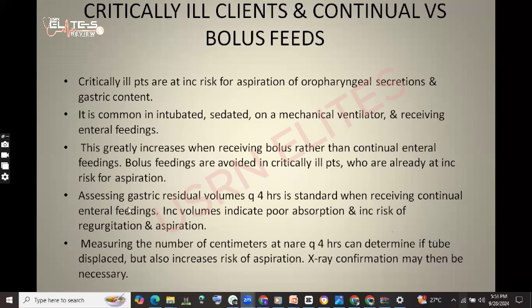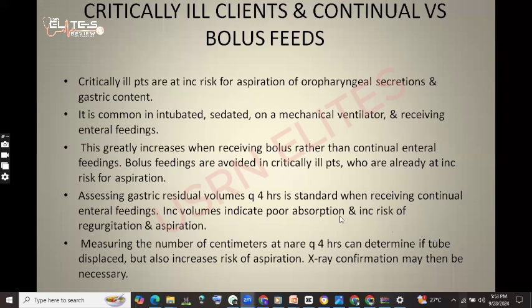What we are saying over here too is that assessing gastric residual volumes every 4 hours is a standard when receiving continual enteral feeds. Increased volumes indicate poor absorption.